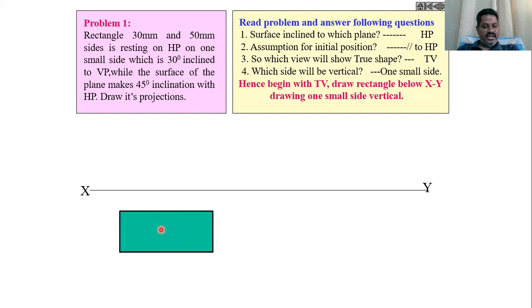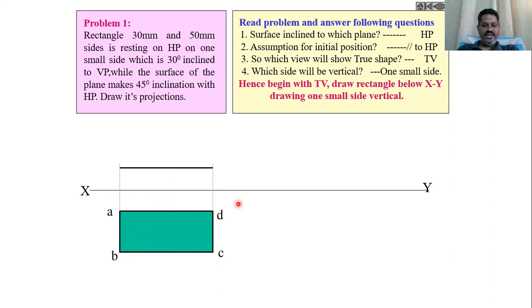Then name all those edges. I'm naming the edges as A, B, C, and D. When you see this plane from the front, it looks like a straight line with the given length, that is 50 here. And these distances are arbitrary.